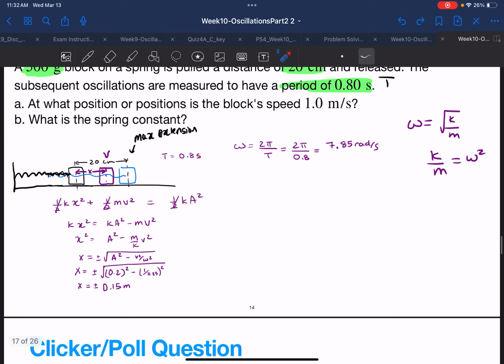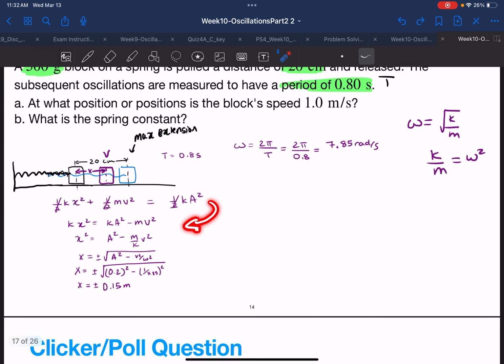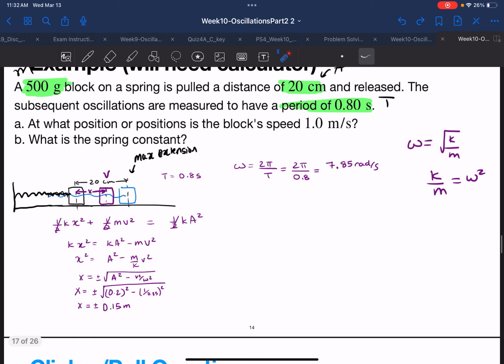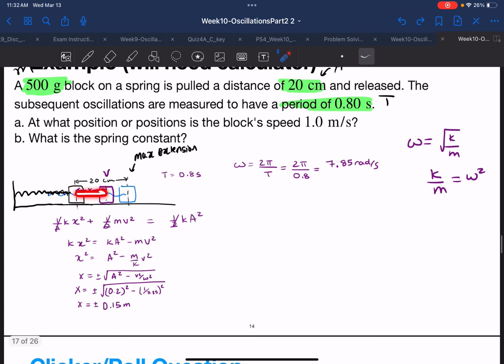So I've shown my algebra by basically converting my ratio of m over k to an omega. And then you go through the algebra and you should get that the position is plus or minus 0.15 meters. That means when you are 15 centimeters to the right here or 15 centimeters to the left here, the speed is going to be this, which makes sense because we determined from our energy analysis that it's going to be somewhere between the maximum extension and the equilibrium position, so somewhere around here.